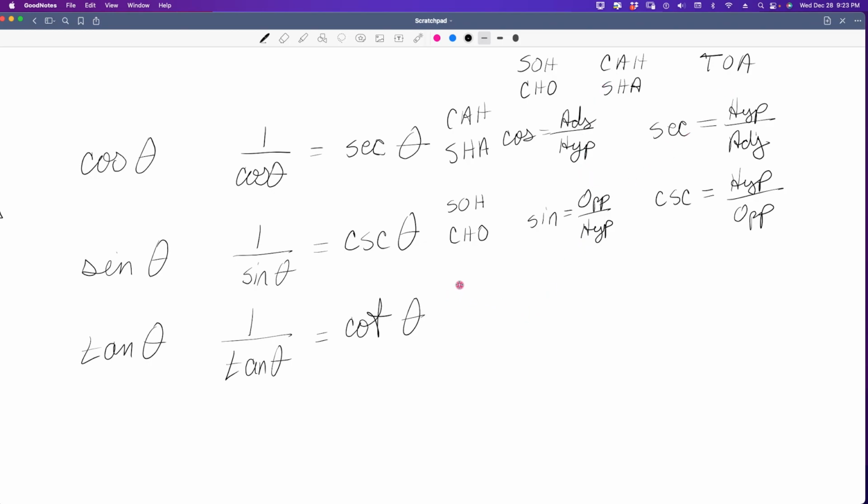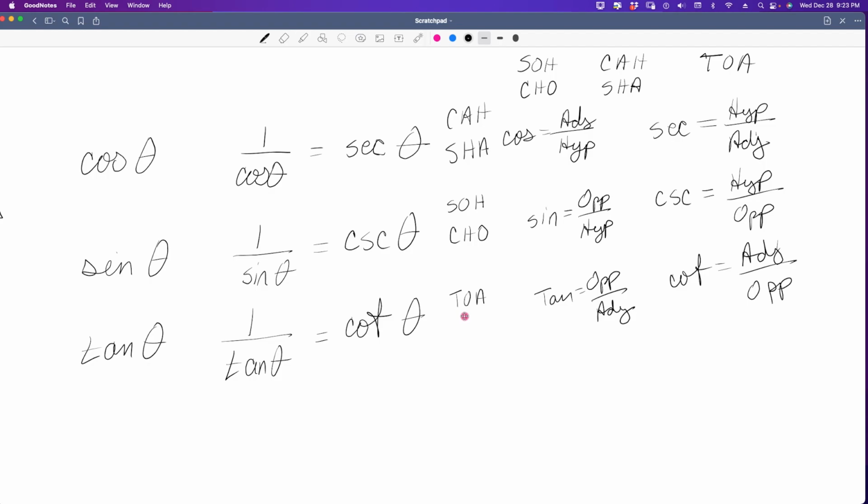So let's do the tan. The tan is TOA, and typically tan is going to be the opposite over the adjacent. But the cotangent is going to be the adjacent over the opposite.